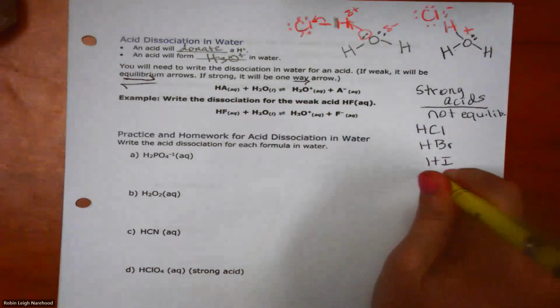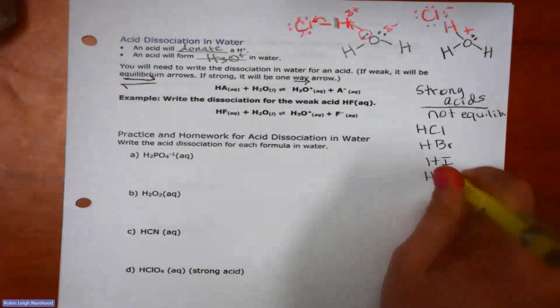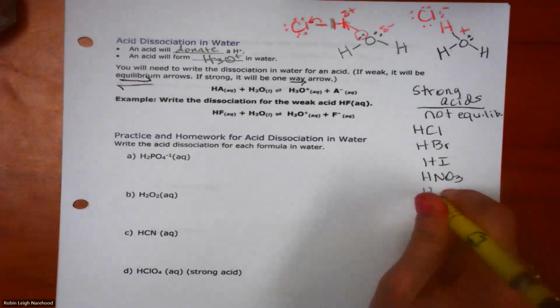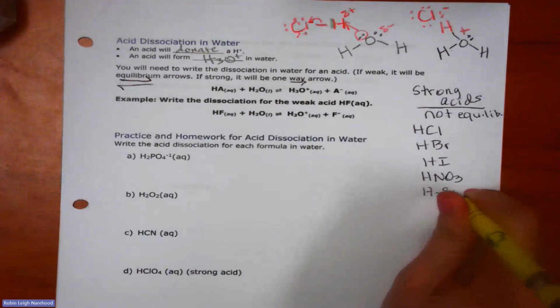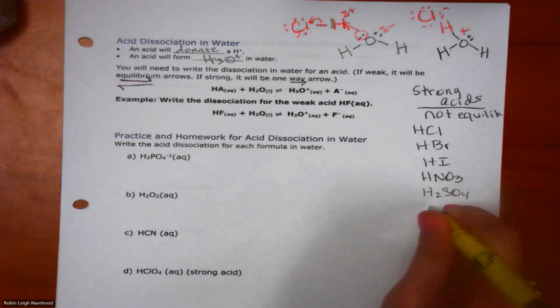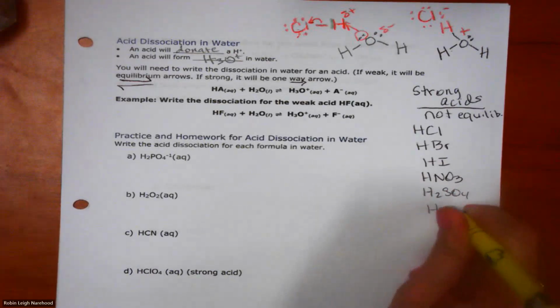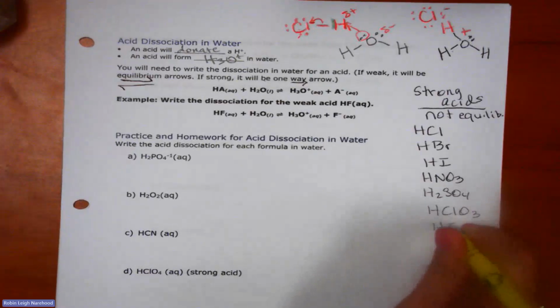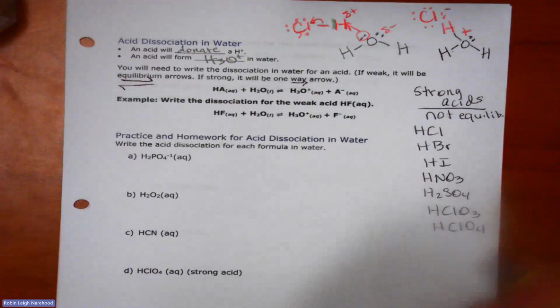Okay. HNO3. These are ones that are created by dissolving gases in water. So nitric acid, sulfuric acid, chloric acid, perchloric acid.